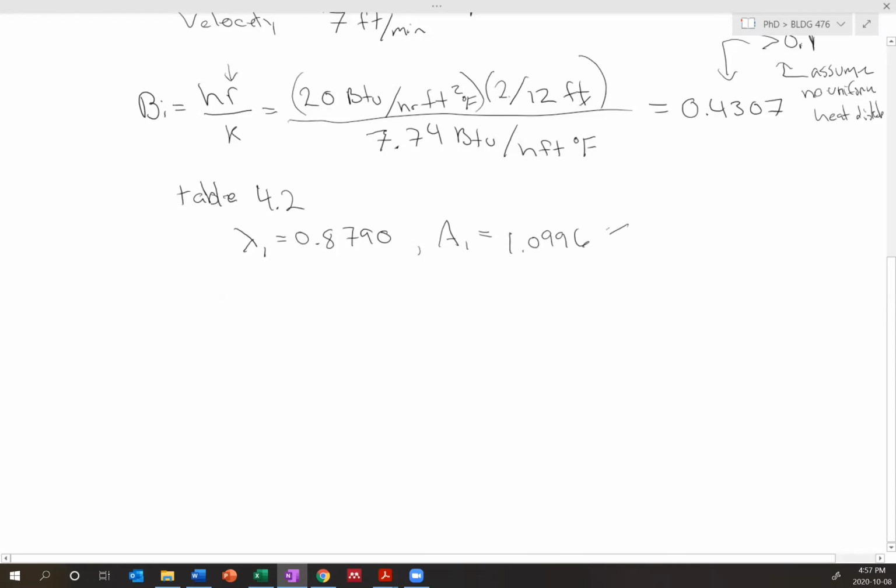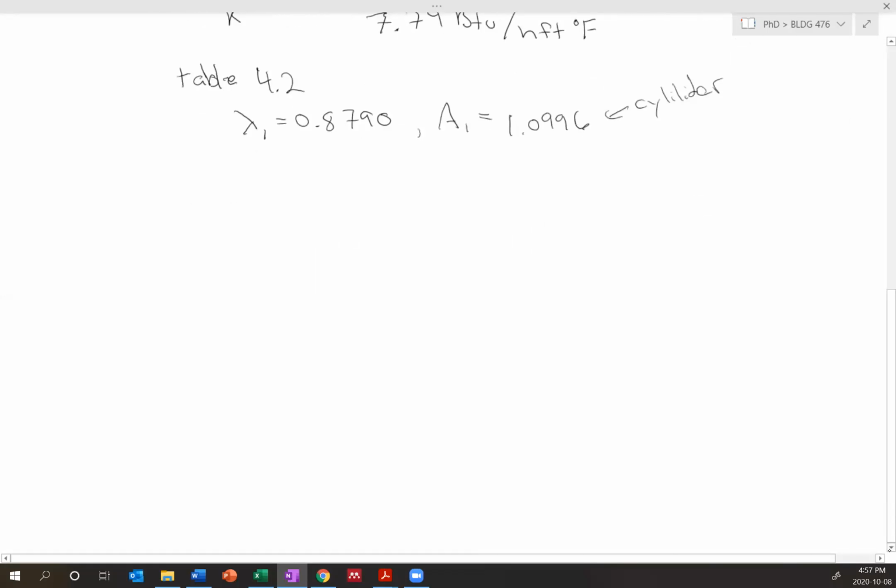This is specifically for a cylinder. Make sure you're looking up the right one. Cylinder. Okay. You guys can see I'm not a good speller.